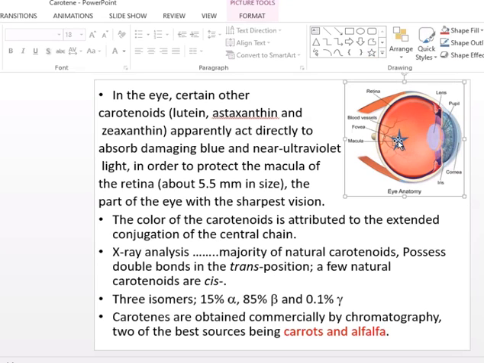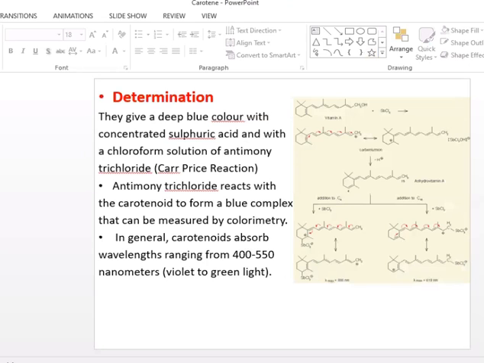And the best source is carrot and alfalfa. Structure determination of the carotenes or carotenoids: they give a deep blue color with concentrated sulfuric acid and with a chloroform solution of antimony trichloride.